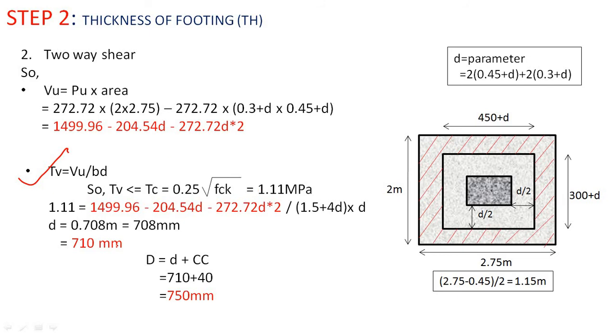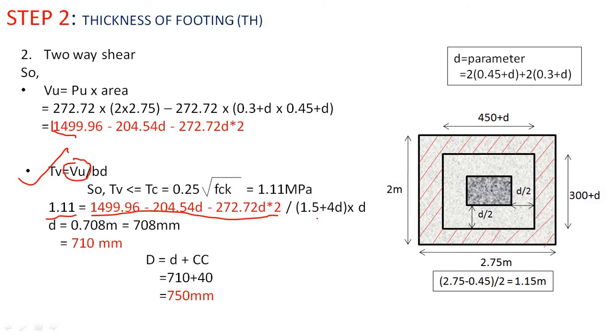We already found the value of tau v as 1.1 MPa. So we'll place the value of tau v as this, and for Vu we will place this equation, divided by b into d. For the value of b we have 1.5 plus 4d.